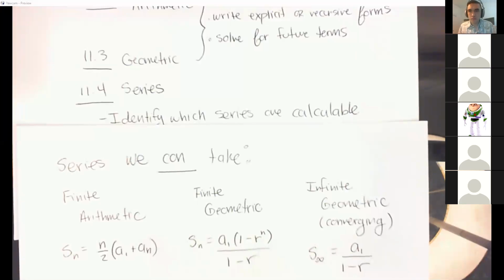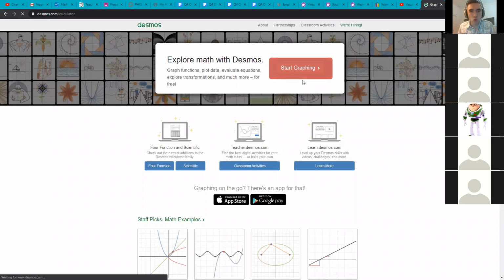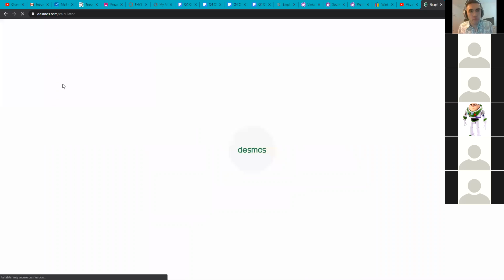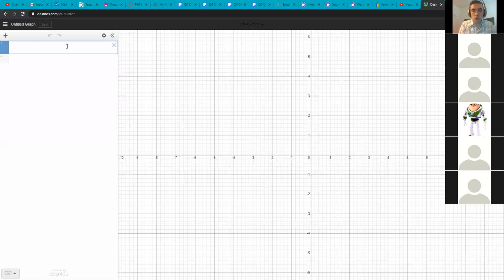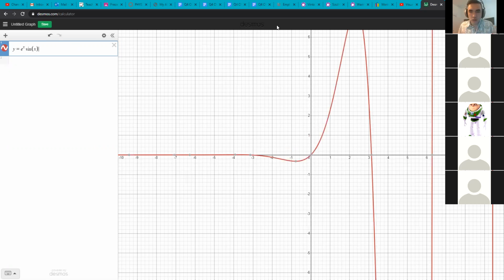So if you did e to the x multiplied by sine of x, let me go to Desmos. The peak of the waveform could be used to match up pretty clearly what is happening. It's this going off to the right.